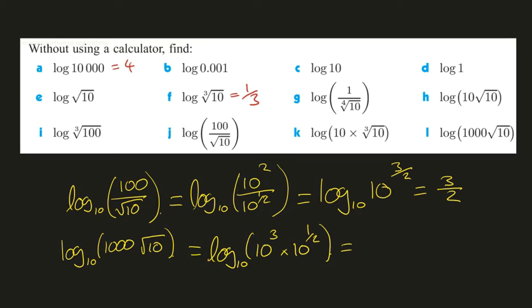So I could combine those quite easily and write those as log base 10 of 10 to the, well, 3 is like 6/2. If we add that 1/2, we would have 7 over 2. So if we work that out, what is it I raise 10 by to get 10 to the power of 7 over 2? It would just be 7 over 2.